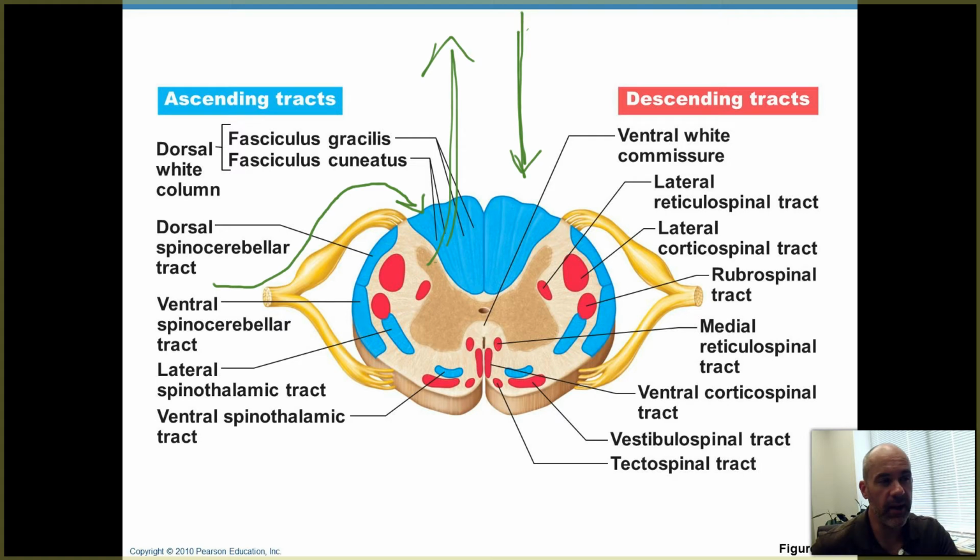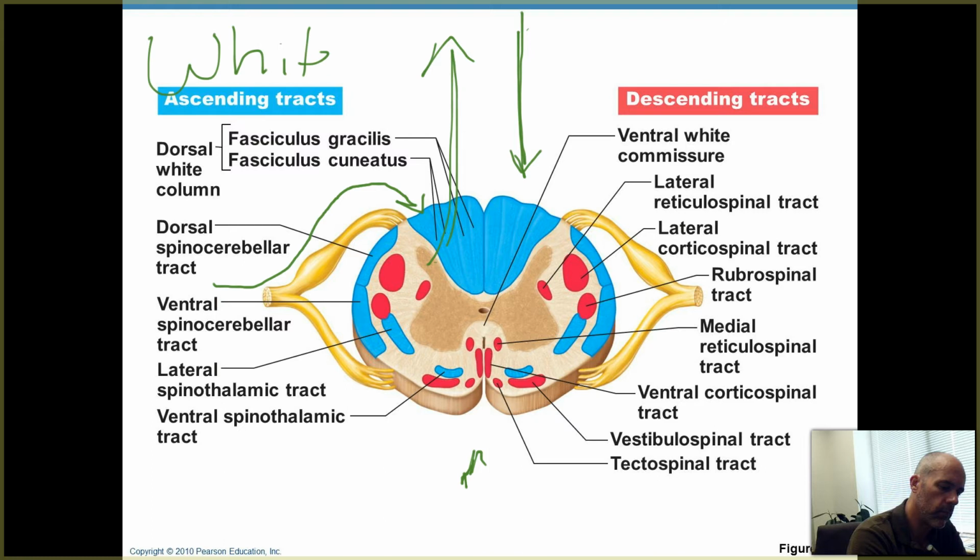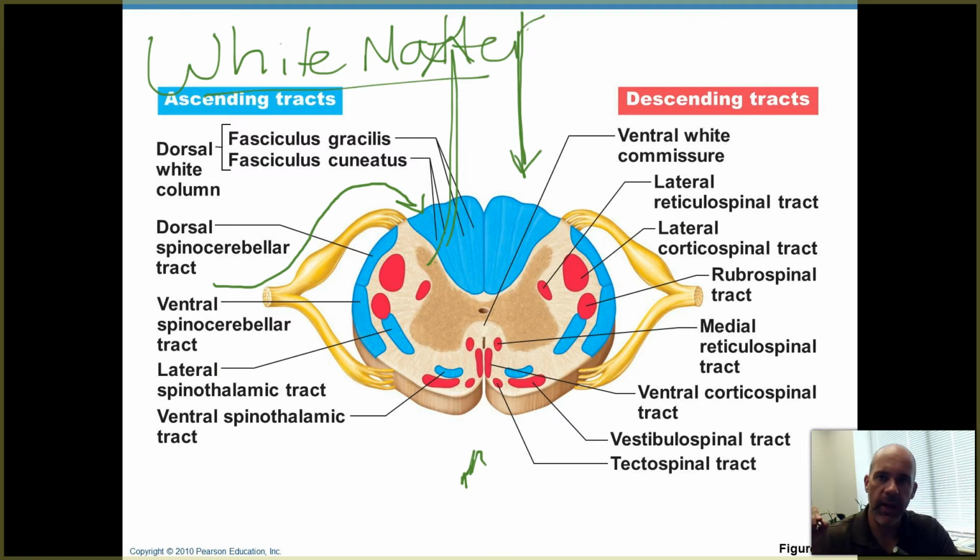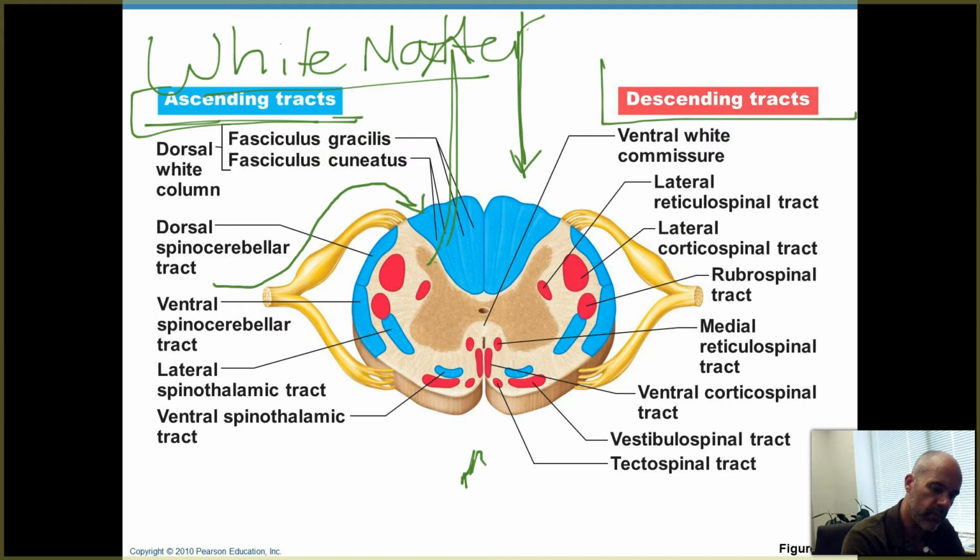So within the white matter areas, remember in white matter you have myelinated axons. And the spinal cord white matter can be divided up into regions, territories for ascending tracts, and there are territories that are descending tracts.